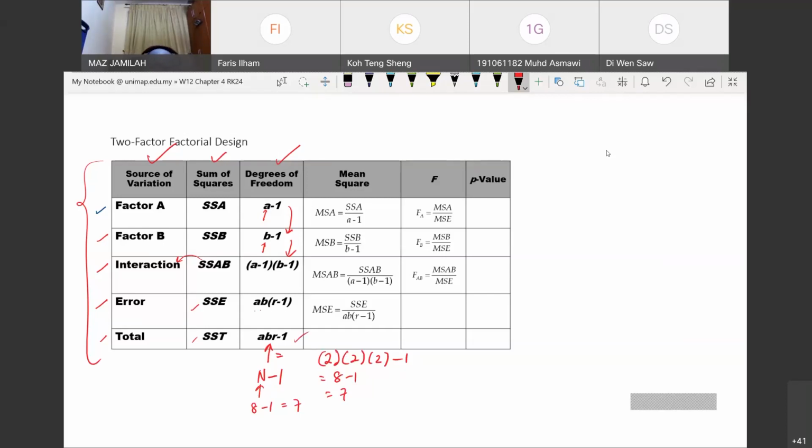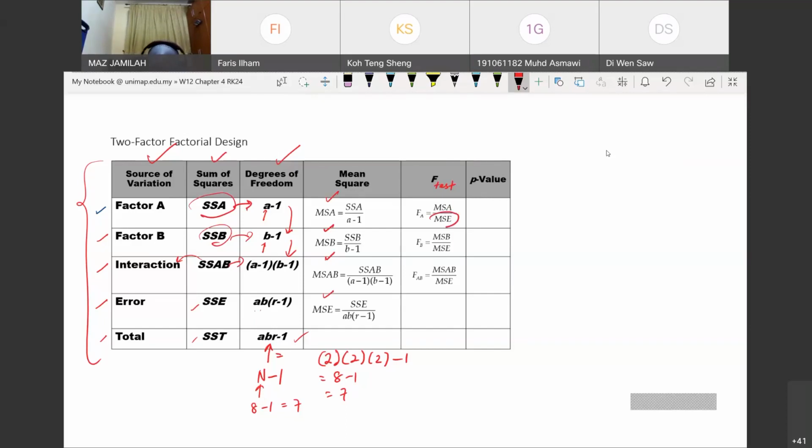And for your mean square, as usual, you take the sum of squares divided by the degree of freedom. Then you will get your mean square of A, mean square of factor B, mean square of the interaction, and the mean square of error. And for your F test, which is the calculated F, for factor A it will be MSA divided by MSE.